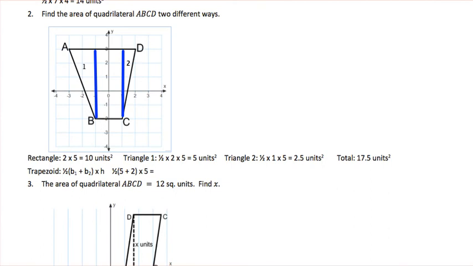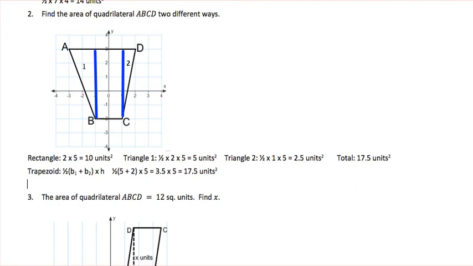And then when we do that calculation, we get 3.5 times 5, which is 17.5 square units. So the calculation is shorter with the formula for trapezoid. But if you don't remember it, you can always cut your trapezoid into triangles and rectangles and find the area that way.